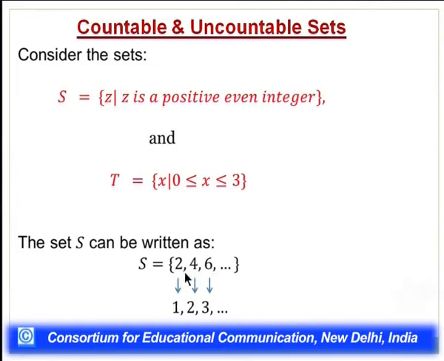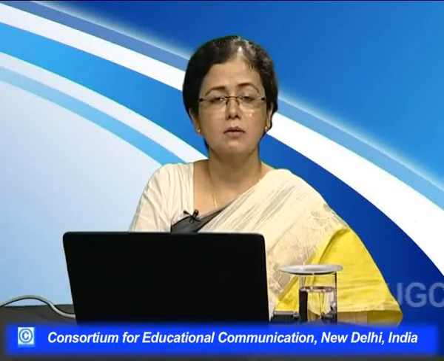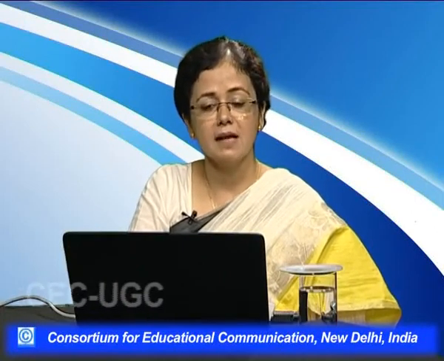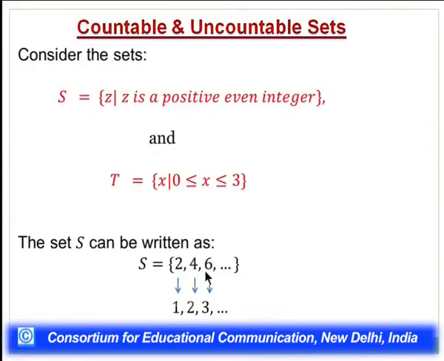If you see these arrows here, I can relabel the element 2 as 1, I can relabel 4 as 2, I can relabel 6 as 3, 8 as 4, and so on. The idea being that now I can start counting my elements. In other words, here 2 is my first element, 4 is my second element, 6 is the third element, 8 is the fourth element, and so on. So the idea here is that this is a set where I can count the elements.